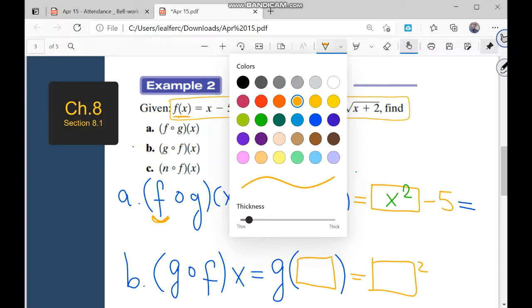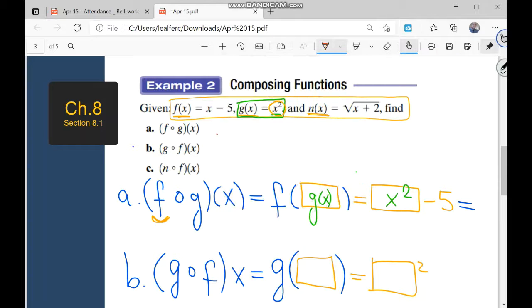Fill the box with the function that we are composing, f of x. F of x equals x minus 5. And that's the answer. The answer is x minus 5 squared.